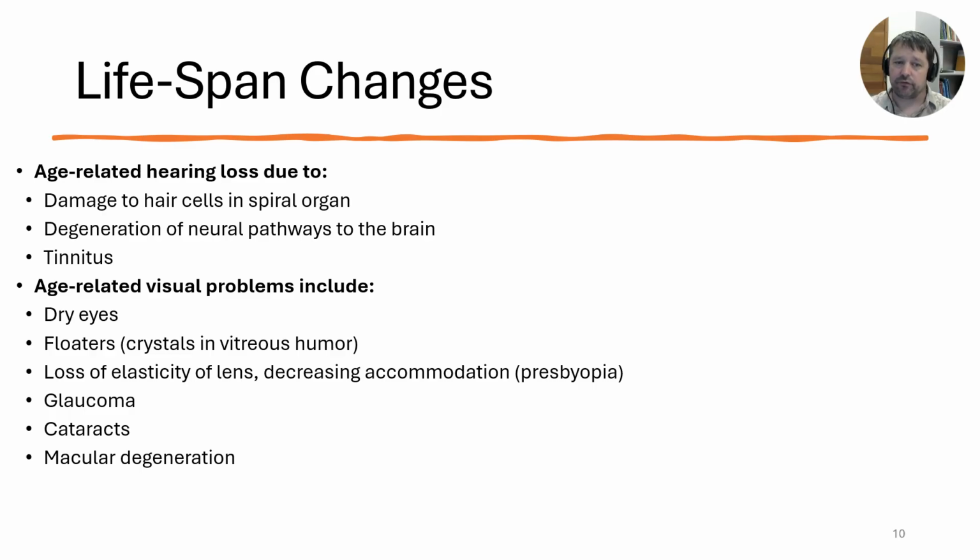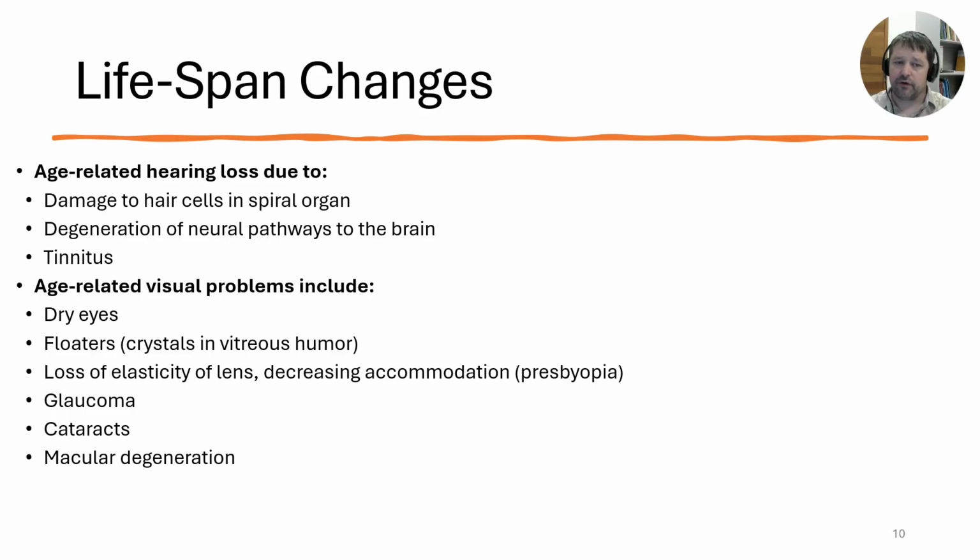And so if individuals see spots that float or they have floaters, that's where that comes in. The elasticity of the lens is a big one. Okay, so especially with age, that lens, its flexibility is just gone, or its ability to retract and come back to its original shape, it's gone over time.